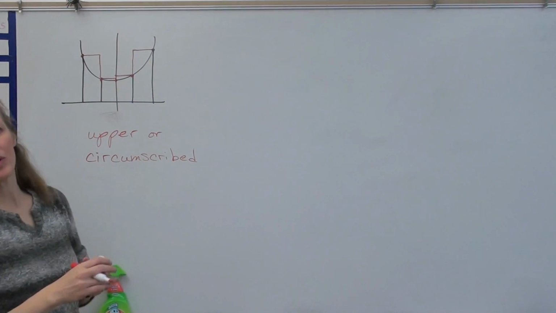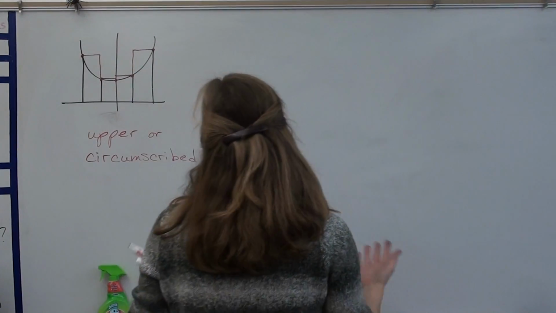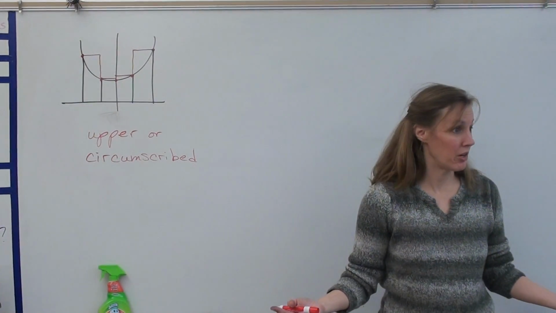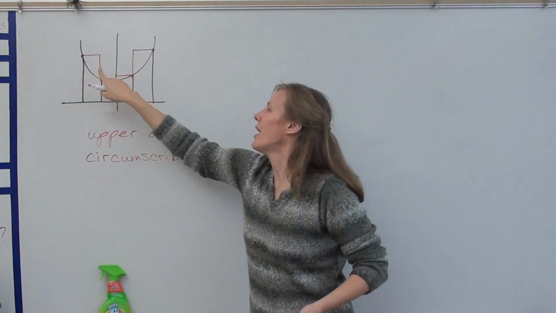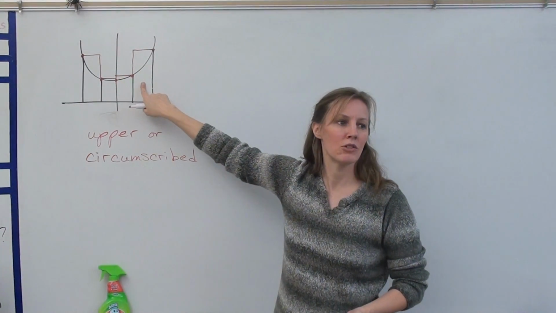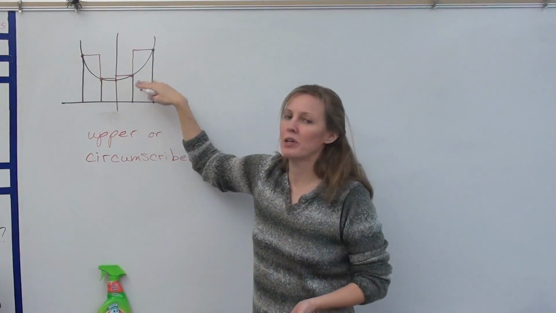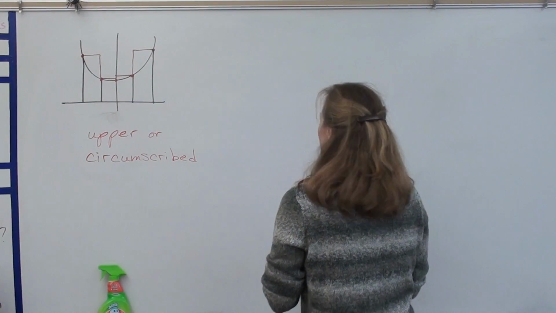Now the problem with upper sums is that they are always what compared to the actual area? Greater. They're always greater than the actual area. That's why they're called an upper sum, right? Because if you added the areas of these 4 rectangles together, that total would obviously be bigger than the actual area under that curve. Okay, so that's called an upper sum.